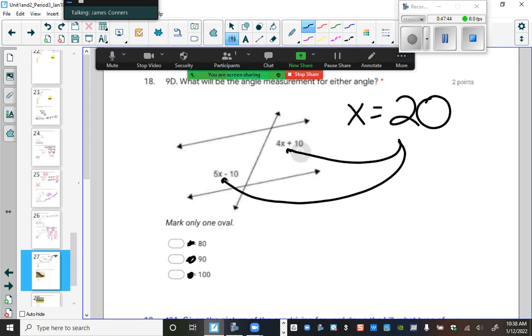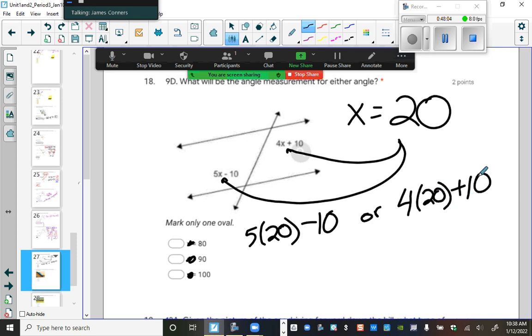What will we get? We'll get 90. 5 times 20 minus 10, 4 times 20 plus 2, you get 90. Going to get 90 at this point. Okay, questions?